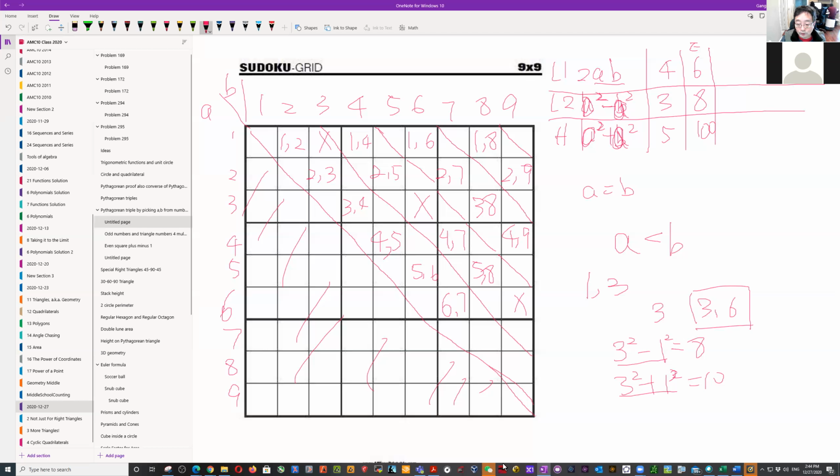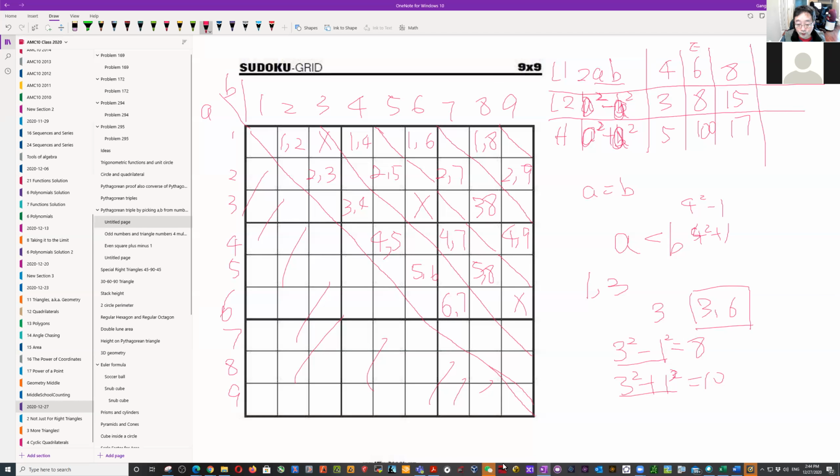Let's try to generate a few. With 1, 4, you get 2 multiplied by 1 multiplied by 4, which equals 8. Then 4 squared minus 1 squared, and 4 squared plus 1 squared, so this is 15 and 17.